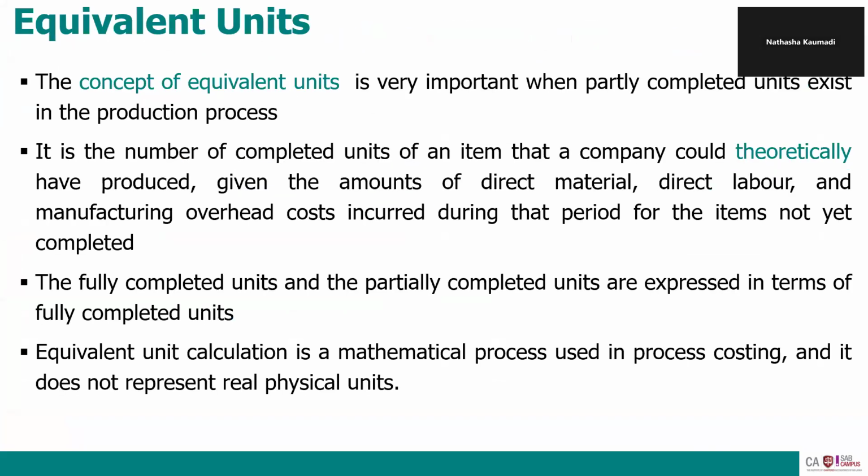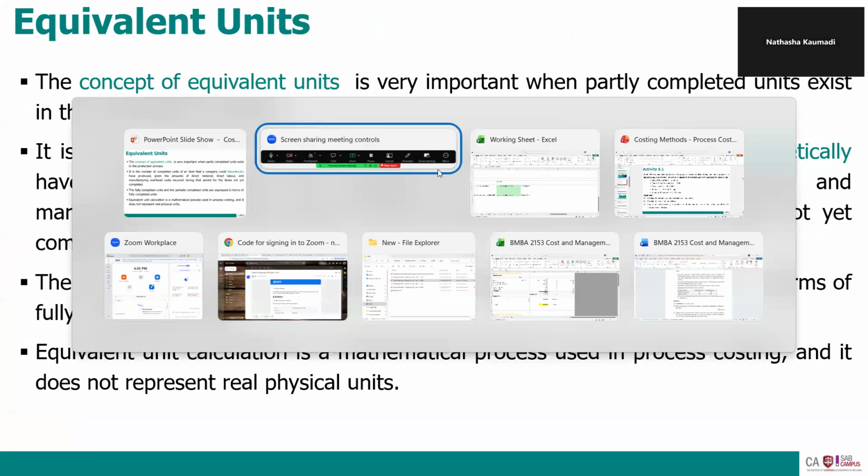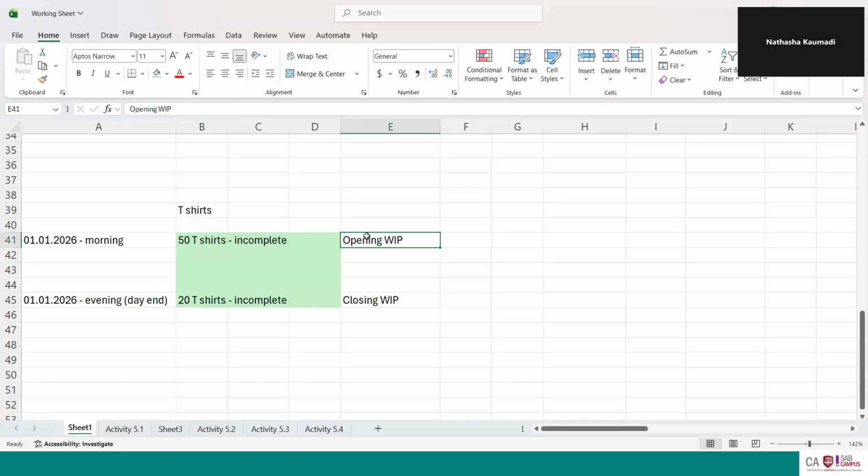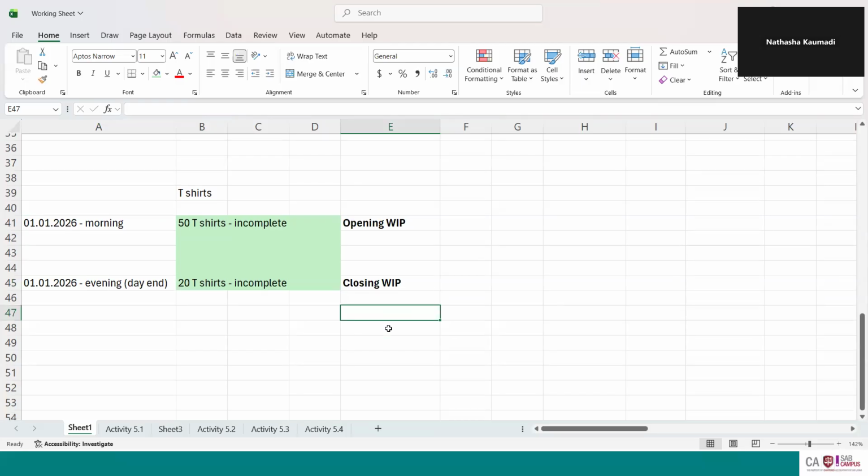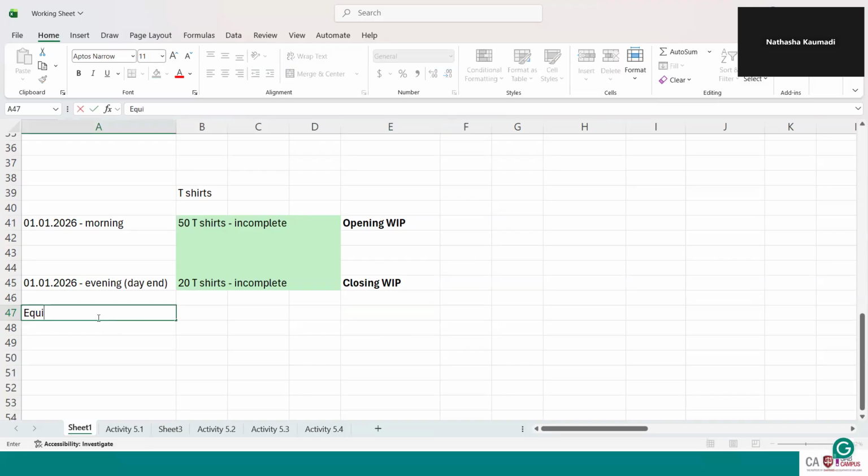Now the most important thing, equivalent units. Now that is again a very important concept you need to understand when you are doing these process costs, especially when you have opening and closing WIP. Listen carefully. Now, when you have these incompleted units in your production flow, that means when you have incompleted or WIP units in the process accounts, you need to know a concept called equivalent units.